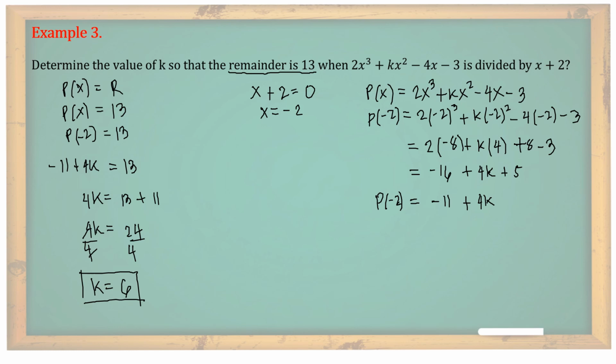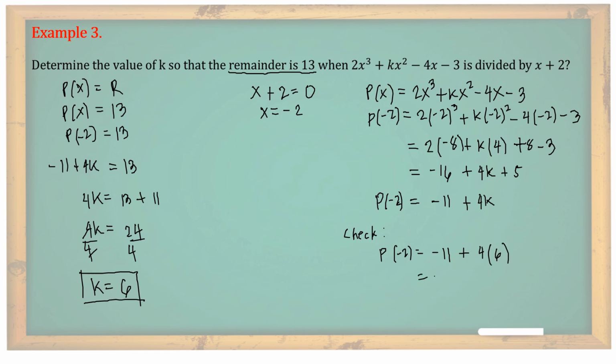So, i-check natin kung ang kanyang remainder ba ay 13 kapag sinubstitute natin si 6 dito sa ating k. So, let's check. P of negative 2 is equal to negative 11 plus 4 times 6.